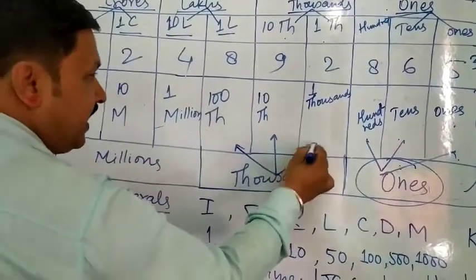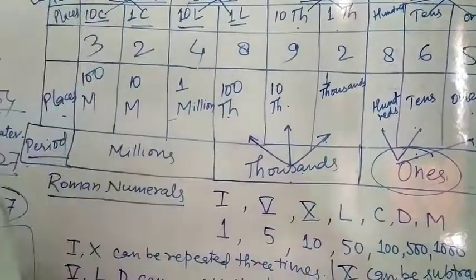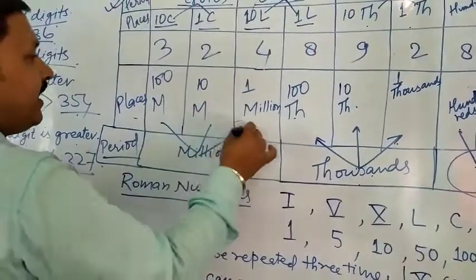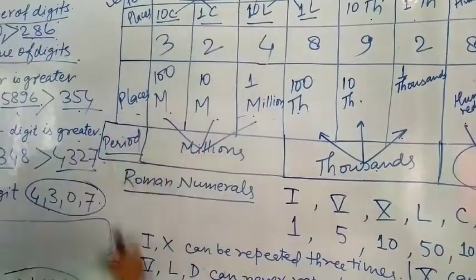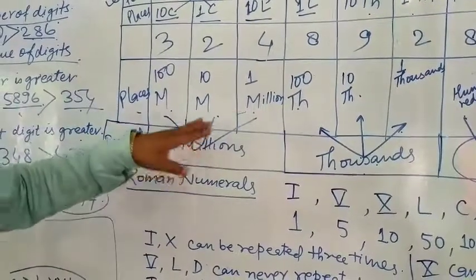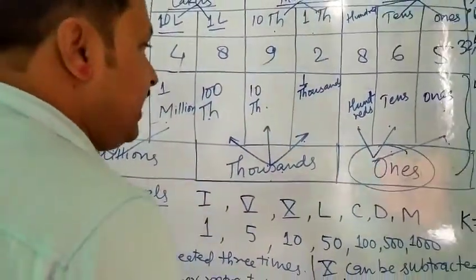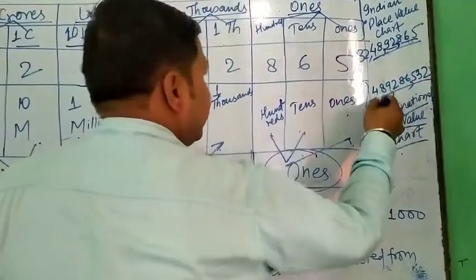Thousands are divided into 1,000, 10,000 and 100,000. Millions are also divided into 3 parts: 1 million, 10 million and 100 million. In this way, we can write the numbers in the international place value chart as given here.